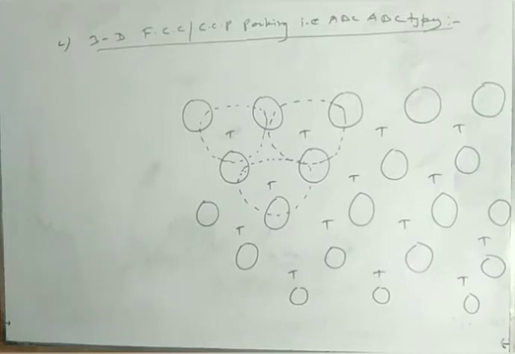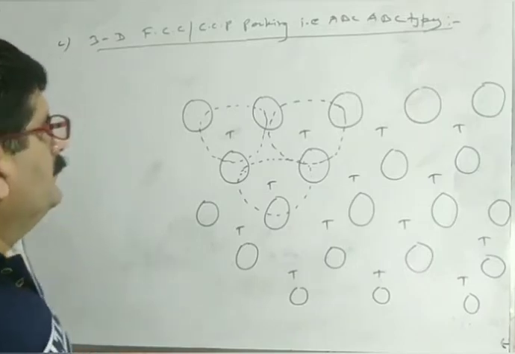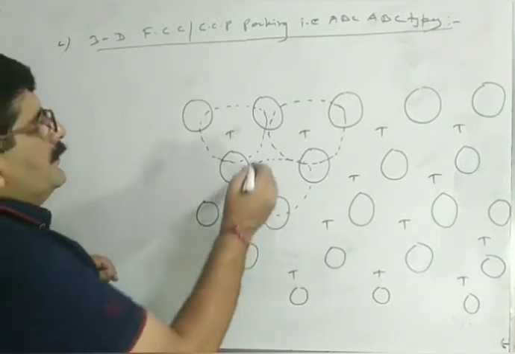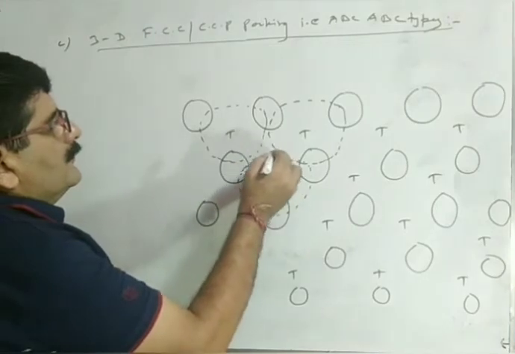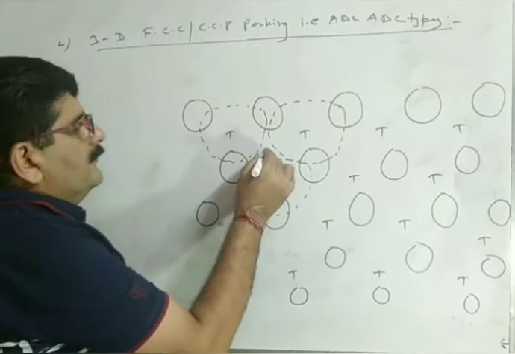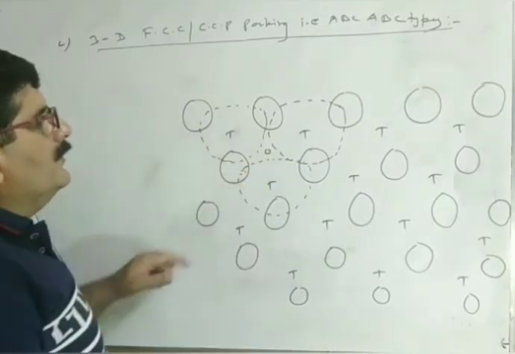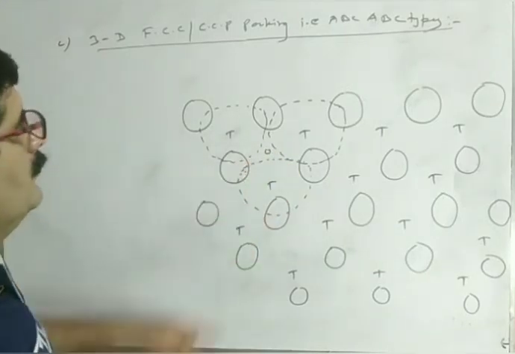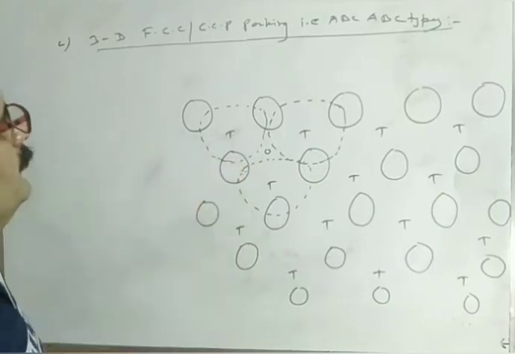Consider this figure. Here the vacant space is available, and this vacant space is called what? Octahedral voids.